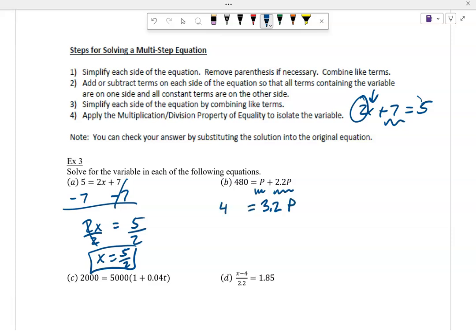P in this case, right? 480. And we're trying to solve for p. So we're going to do the opposite of this. 3.2 is being multiplied by p, so we're going to divide it out both sides. And so 1p equals, and then I just get my calculator out, and 480 divided by 3.2 will end up being 150. So p equals 150 on that one.